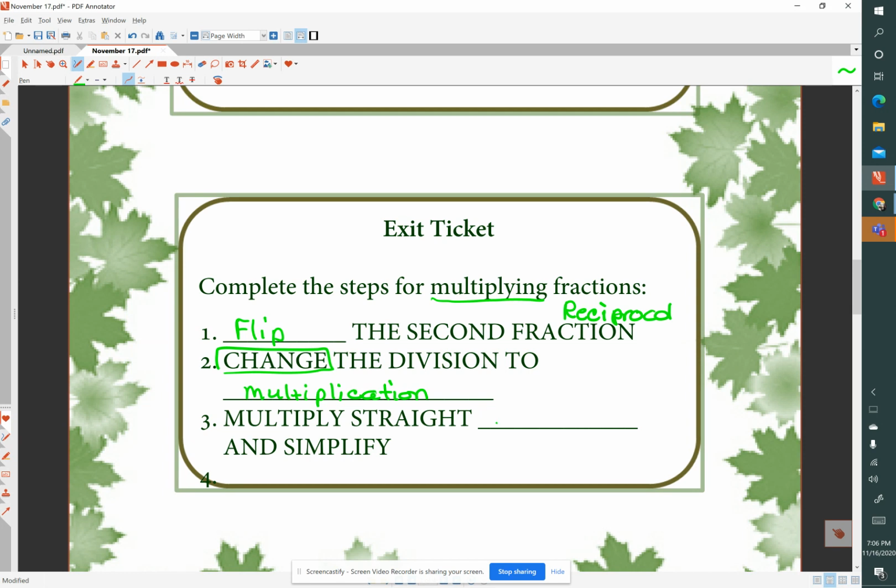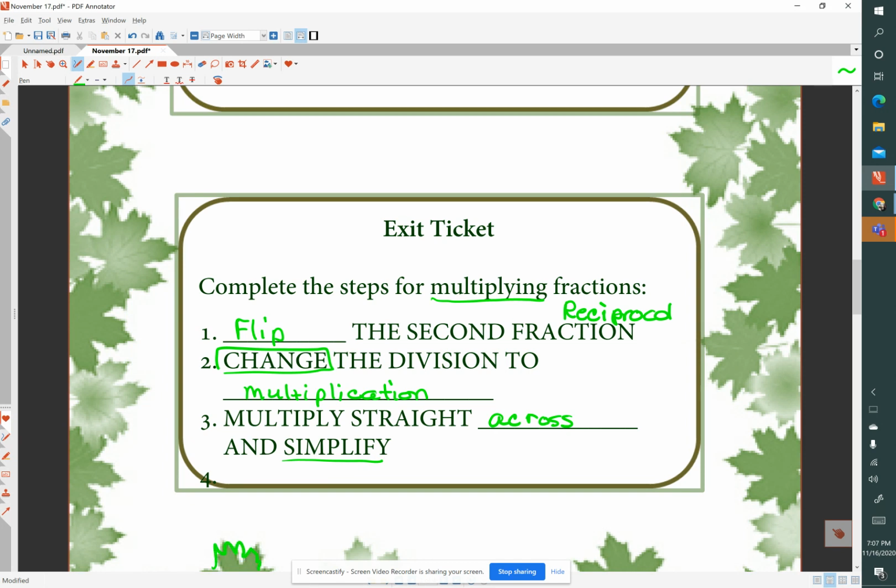And then we will multiply straight across. And when we multiply straight across, if we need to, we can simplify. So I told you that dividing fractions is very much like multiplying fractions. I think you guys did a great job today.